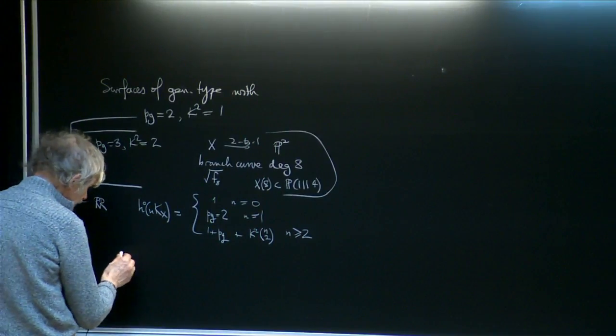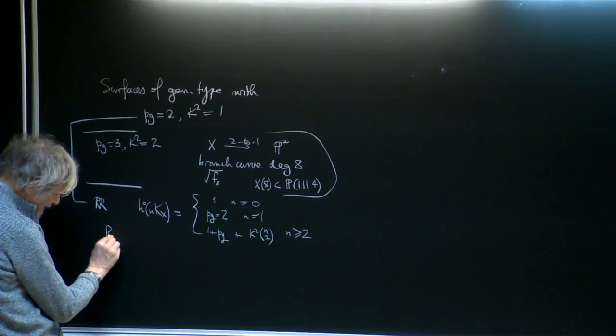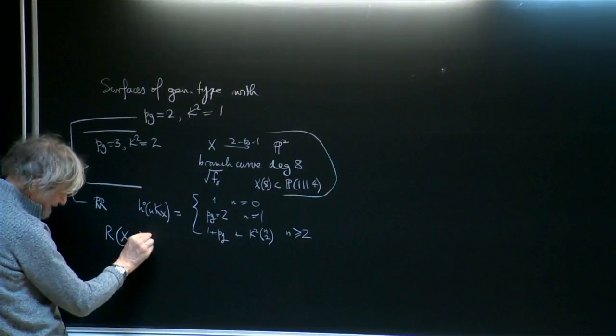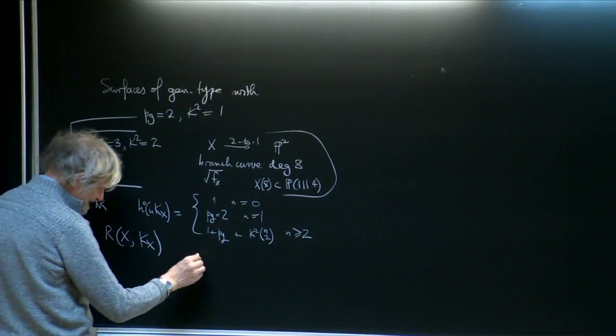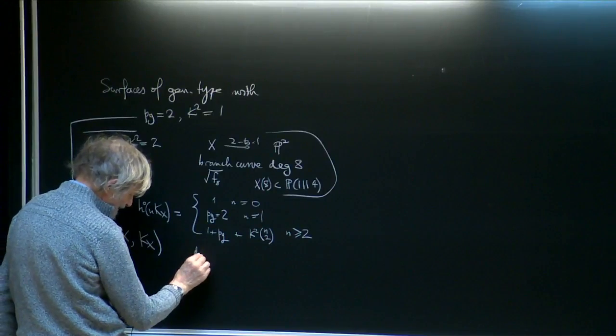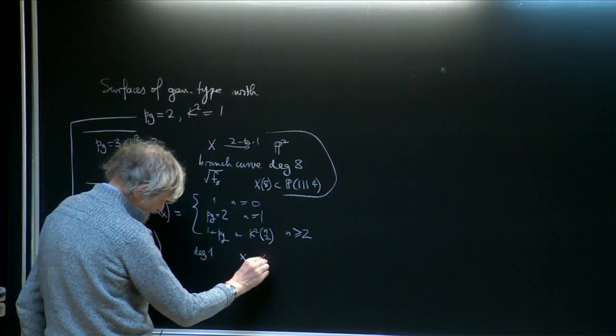So I'm going to start building the ring R of X and KX. And what I find is in degree 1, I get two generators. So I'm going to call them x1, x2.